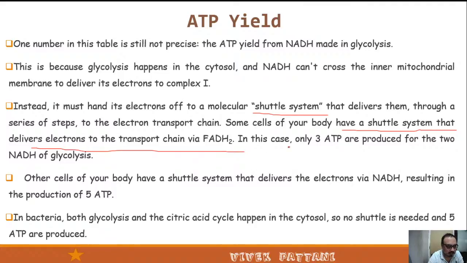In this case, only 3 ATPs are produced for the 2 NADH of glycolysis. Other cells of our body have a shuttle system that delivers electrons via NADH, resulting in the production of 5 ATPs.